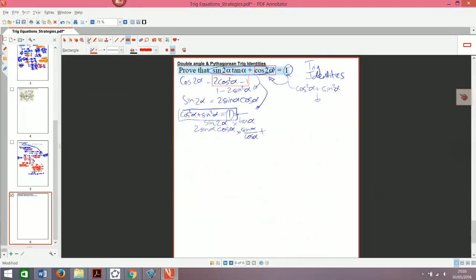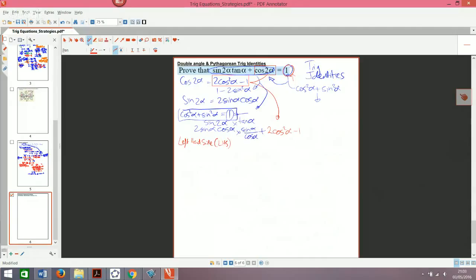So I'm going to use that one, bring it down here and say, well, that's the same as 2 cos squared alpha minus 1. I'm leaving alone this 1 on the other side. I'm just working with the left-hand side of the equation, abbreviation LHS.